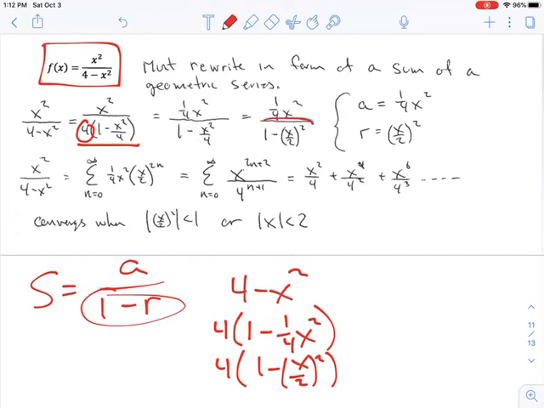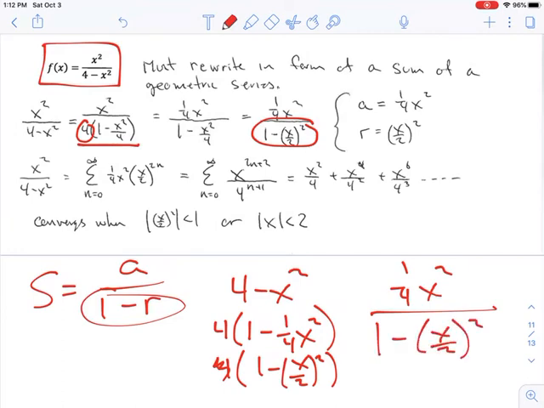And so that's where we get this 1 minus x over 2 squared. So the 4 goes away, goes to the numerator, and we end up with 1/4 x squared over 1 minus x over 2 quantity squared. And so in this particular case then, we see that a is equal to 1/4 x squared, and r is x over 2 quantity squared.